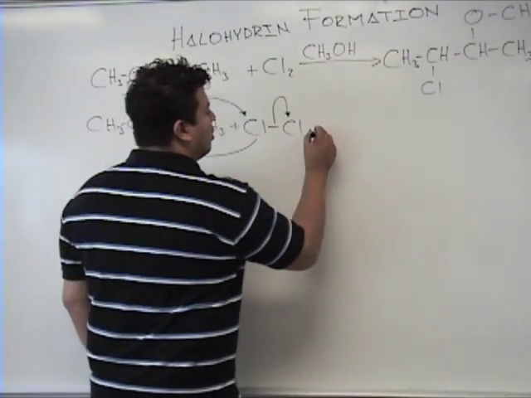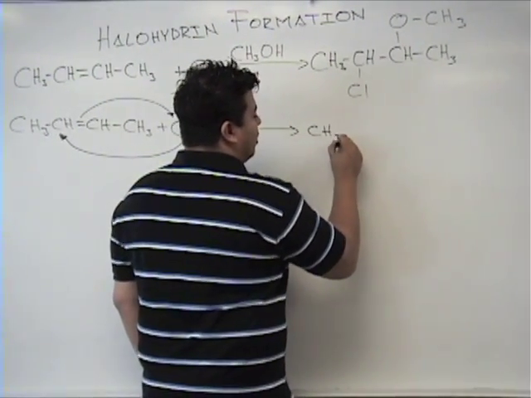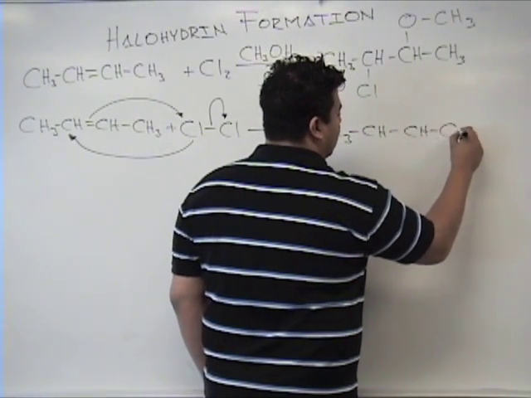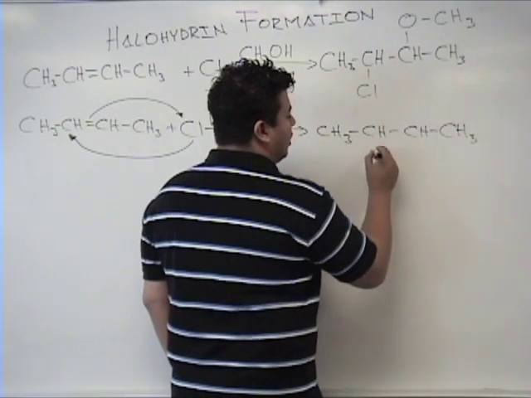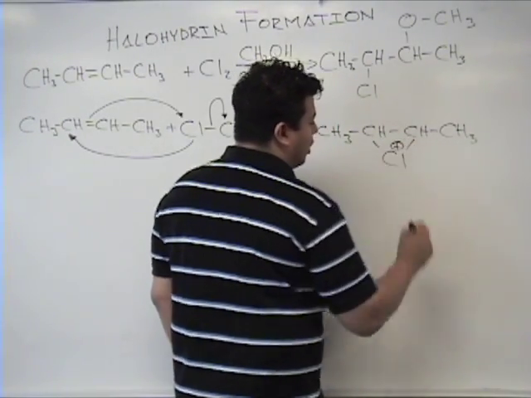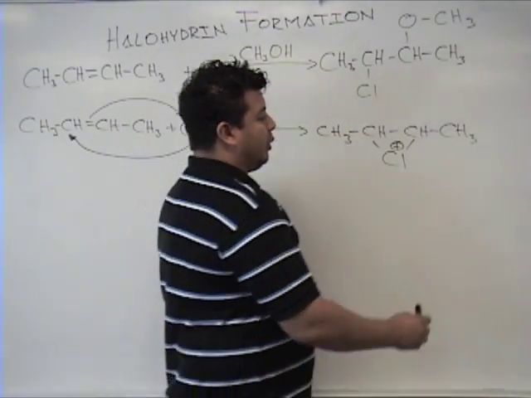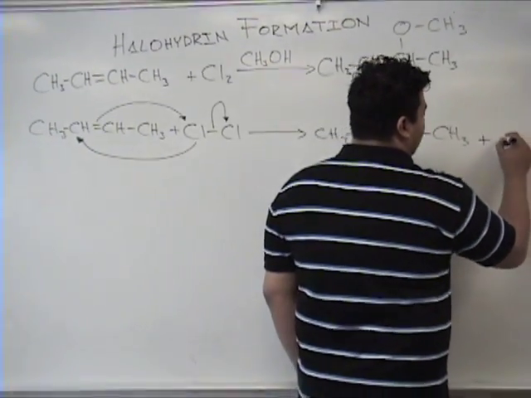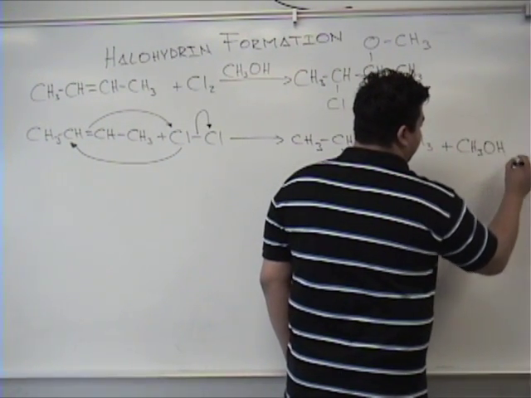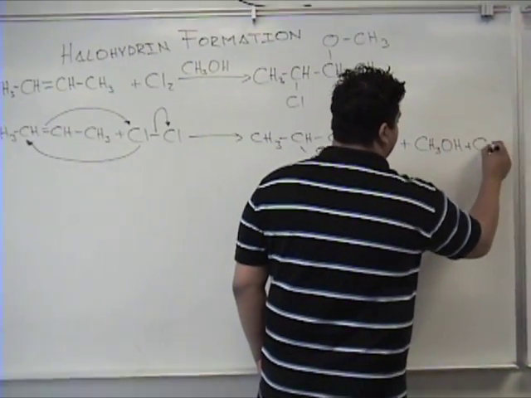Okay? So we show the product of that. We get CH3, CH, CH, CH3, and then we get the chloronium ion with a plus charge, and this is going to be plus methanol, CH3OH, plus the Cl minus.